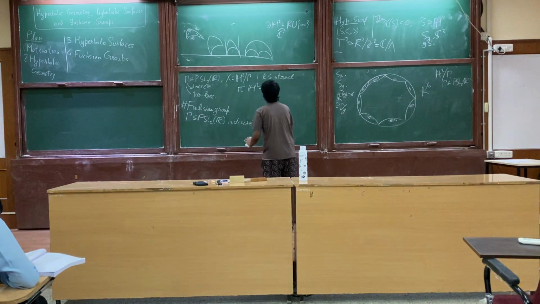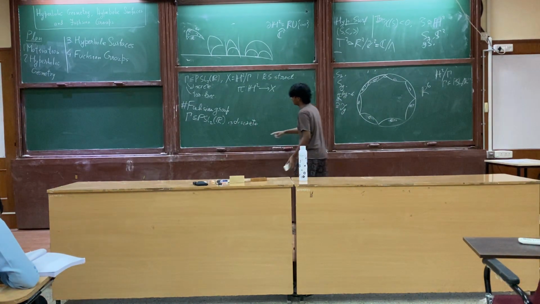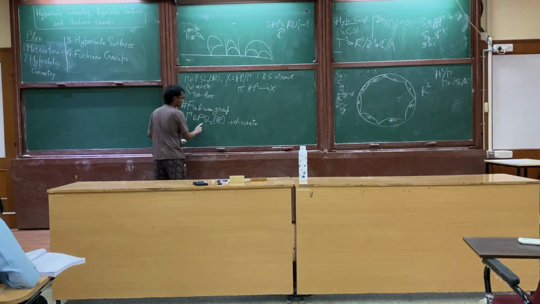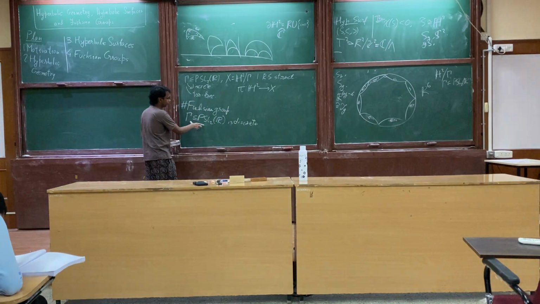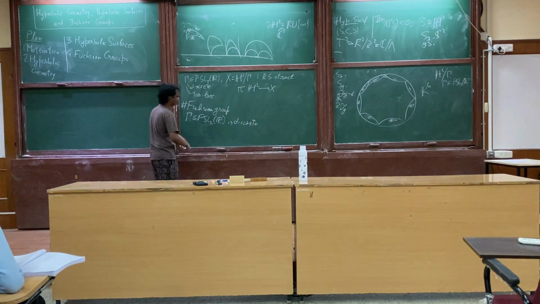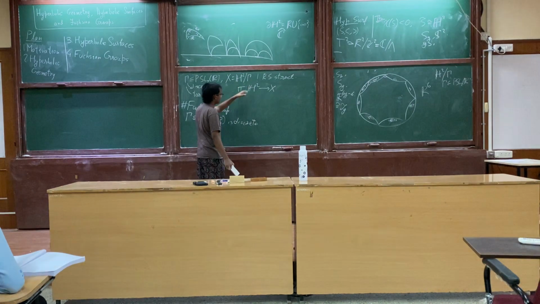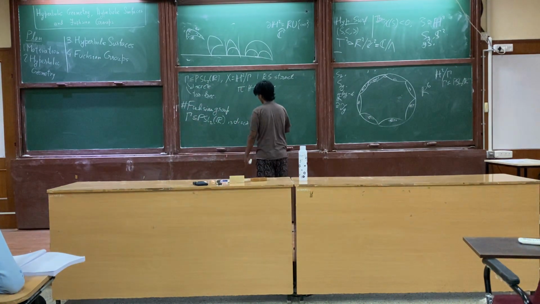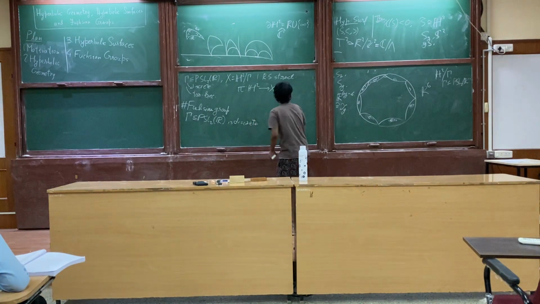So I hope that I have motivated why we are interested in this, because this to me at least feels a lot dry. Like why do we even care about such discrete subgroups of PSL2R in the first place? Well, this is the motivation, that all hyperbolic surfaces arise from such groups, a subclass of such groups. Is the converse true? Yeah, that's what this theorem was saying.